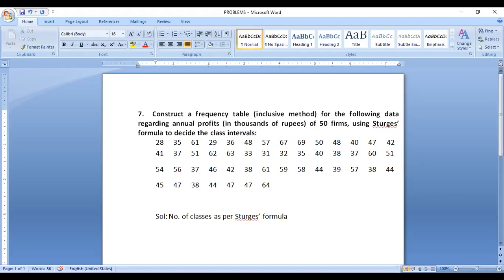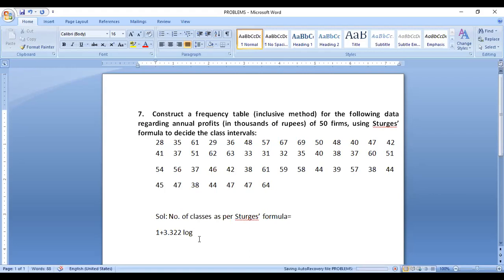He has given one formula, that is Sturges formula is equal to 1 plus 3.322 into log n.